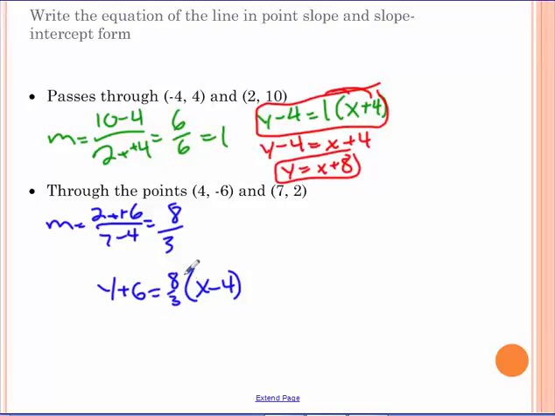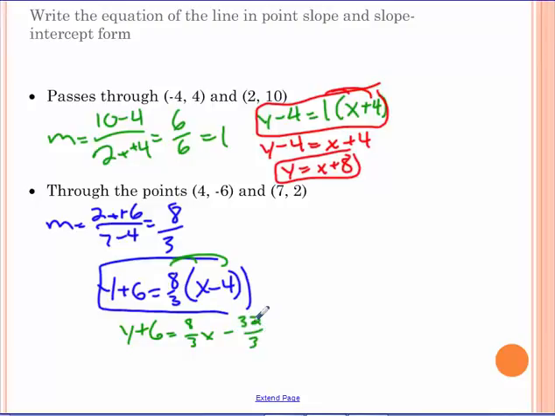Now this one won't come out as clean as the one that we just did. So we got one answer. Now I'm going to distribute. y plus 6 equals 8/3 x minus 8 times 4 is 32 divided by 3. We got to leave it as that fraction, 32 divided by 3. Now I'm going to subtract 6 from both sides. And when I subtract 6 from both sides, I want to think of 6 really as 18 over 3.